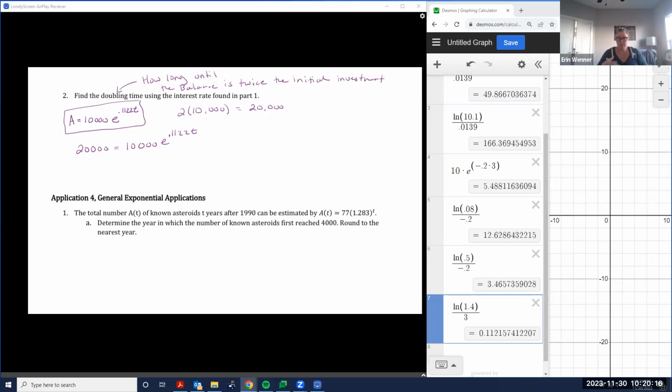So again, those steps, we're going to divide both sides by 10,000. So 20,000 divided by 10,000, it's going to be 2. Take the natural log of both sides. Bring the exponent down.